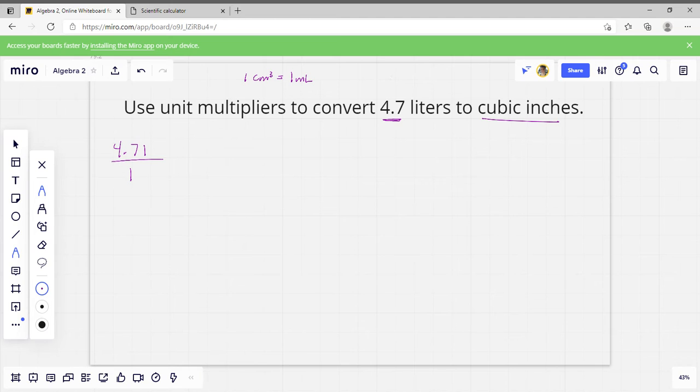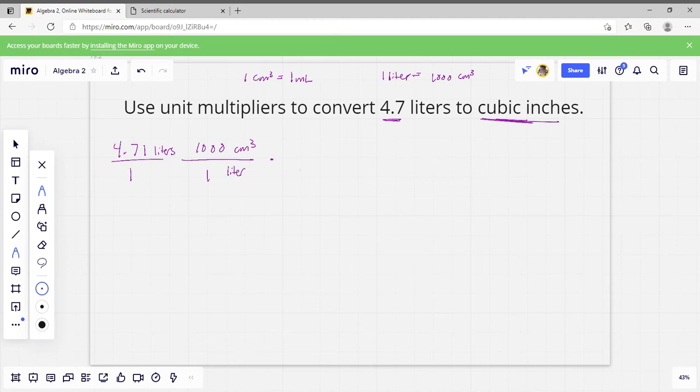And 1 liter equals 1,000 cubic centimeters. We are starting with liters, so we need our liters on the bottom. 1 liter equals 1,000 centimeters cubed.